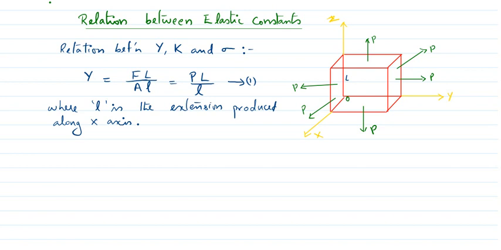The stress P acting parallel to x-axis will produce extension parallel to x-axis and compression parallel to y and z axis. So stress P along x-axis, extension along x-axis and compression along y and z axis.